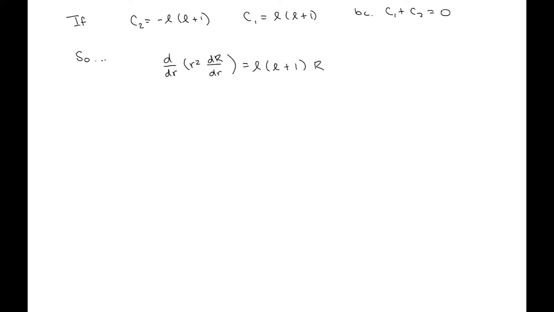Okay. Again, without proving it, I'm going to tell you that the general solution is that our R function is equal to A times R to the L plus B over R to the L plus 1.